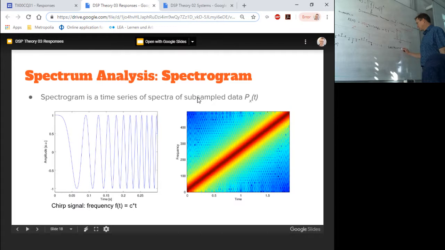So we can calculate the spectrum and put it on the frequency axis, the y-axis would be frequency.